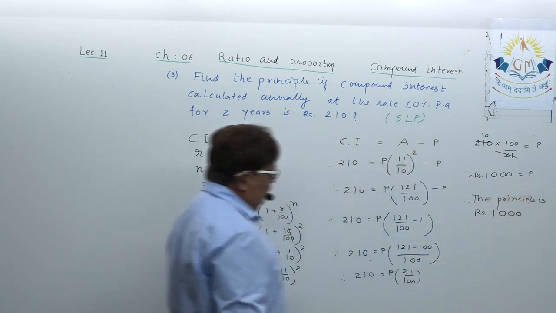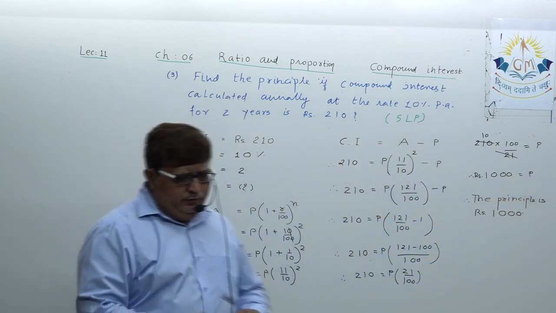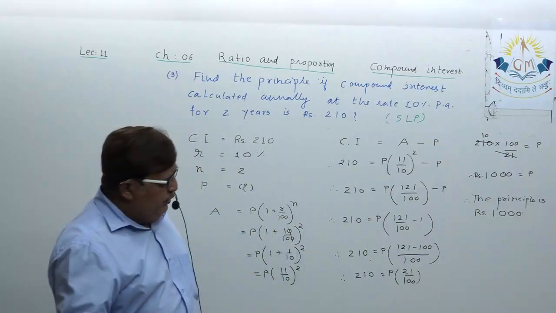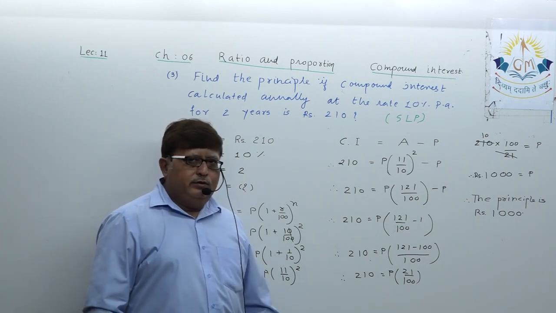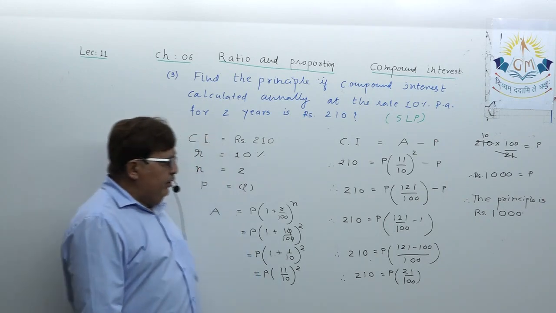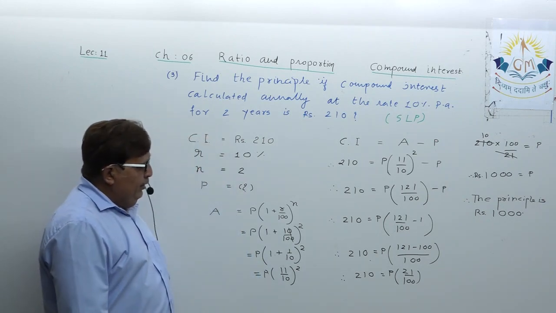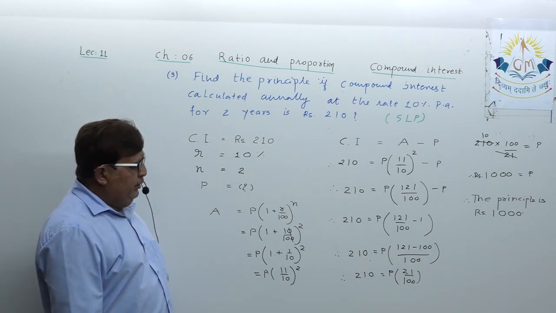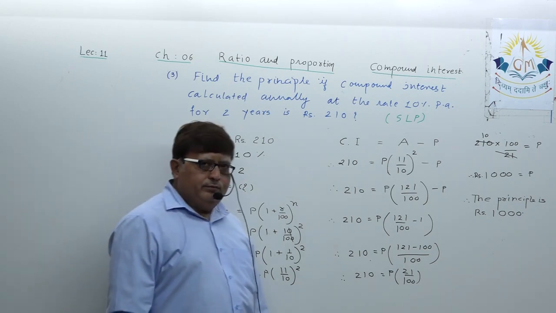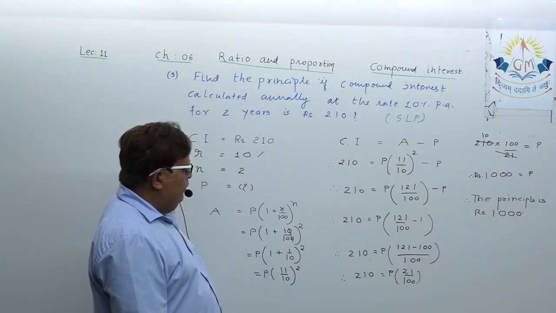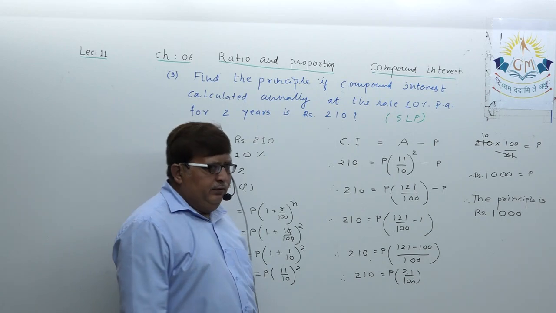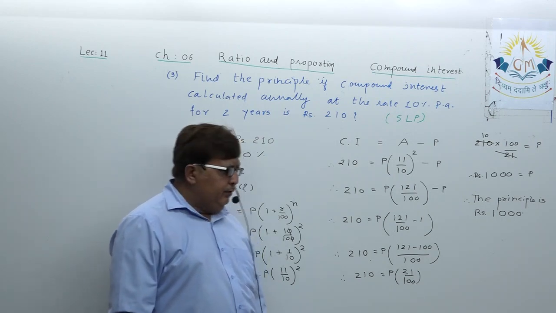Okay, dear student. You just need to verify with the example you must have solved, because I gave it in SLP and you must have calculated in your book. Understood? Just have a look at the sum and do a verification. Okay.